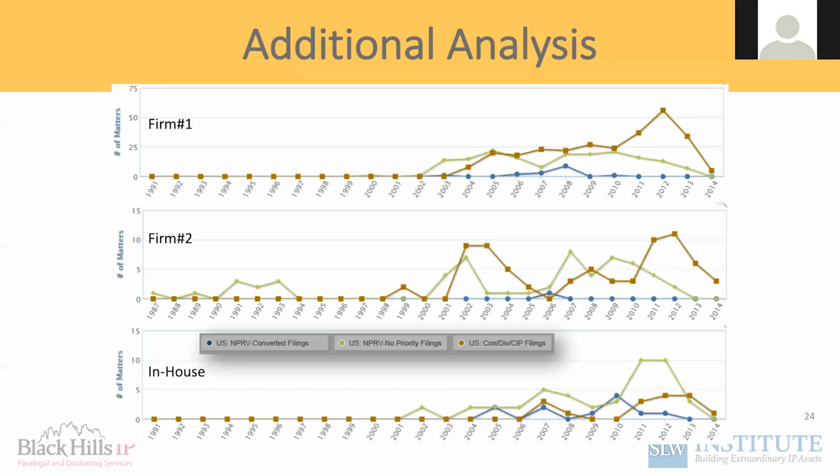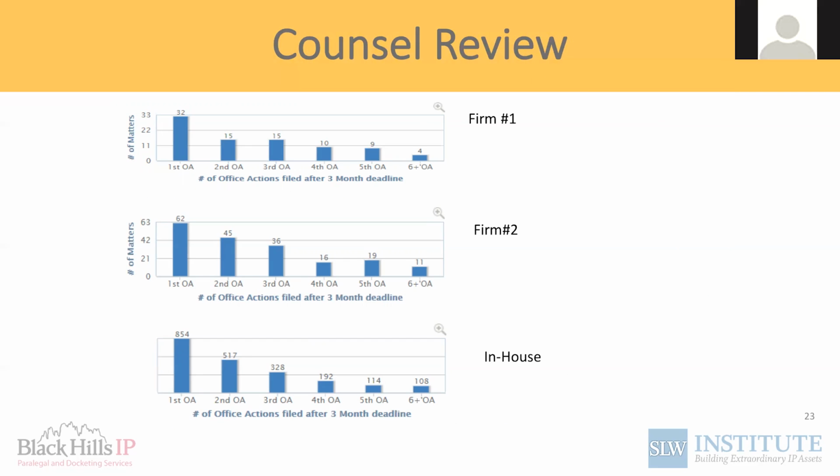Yeah, and some of these would be good to look at, just on that last slide, as a percentage of the office actions for each time period. And then, the beauty of some of these numbers is all of this is avoidable.